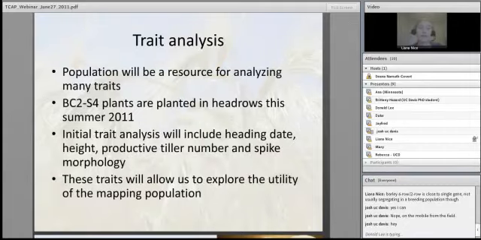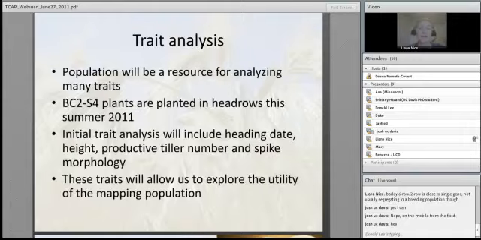And then there's going to be extensive trait analysis on this population. It's going to be a resource for analyzing many traits. The plants that are in the field right now are planted in hedgerows, just single replicates, so we can bulk up the seed.